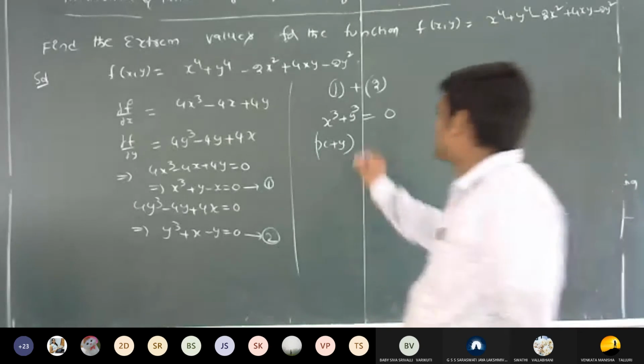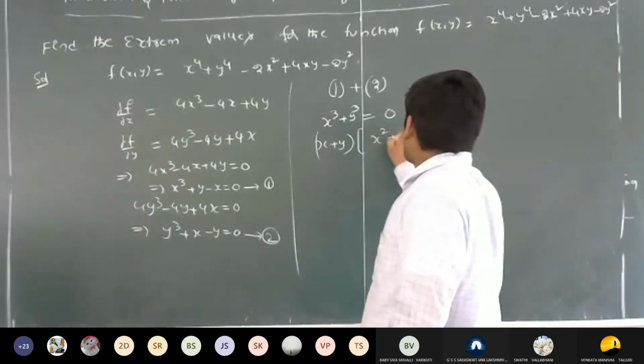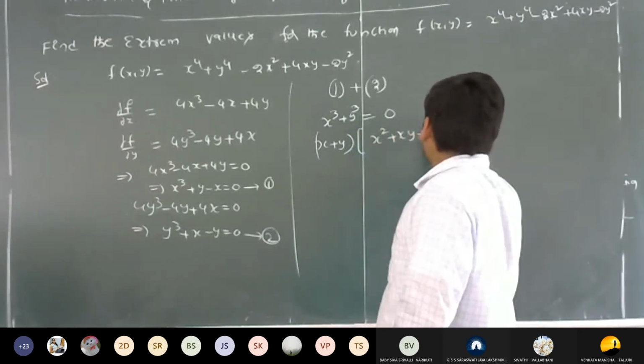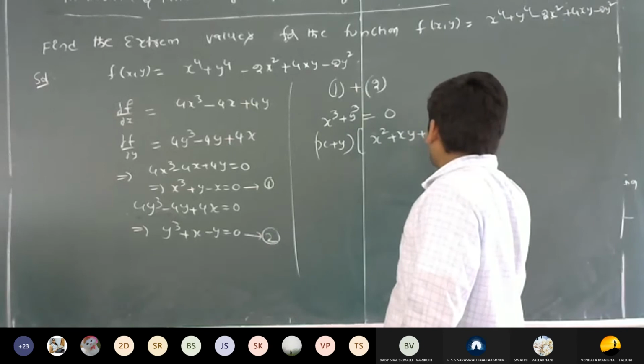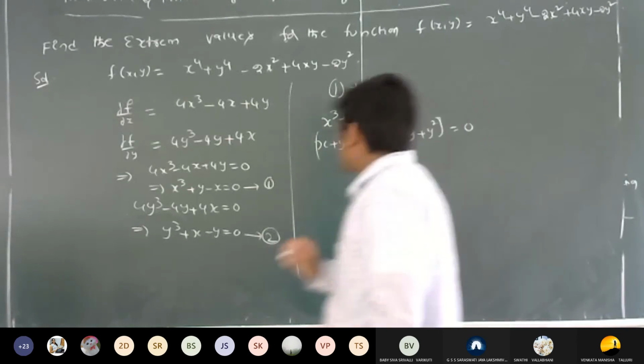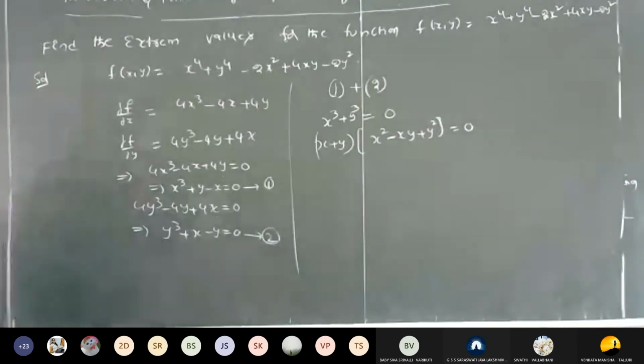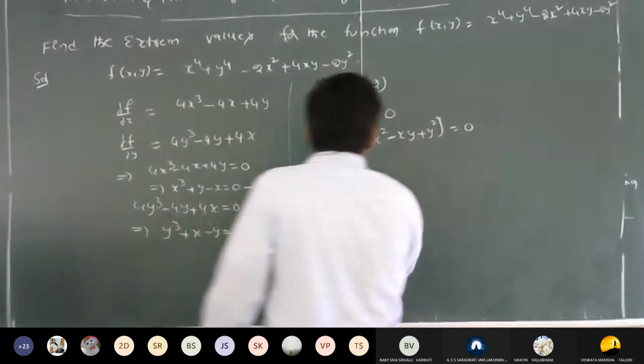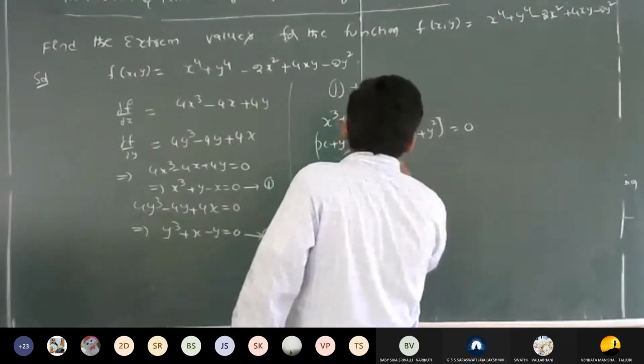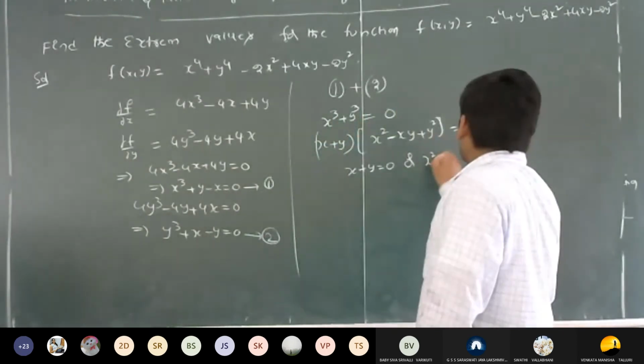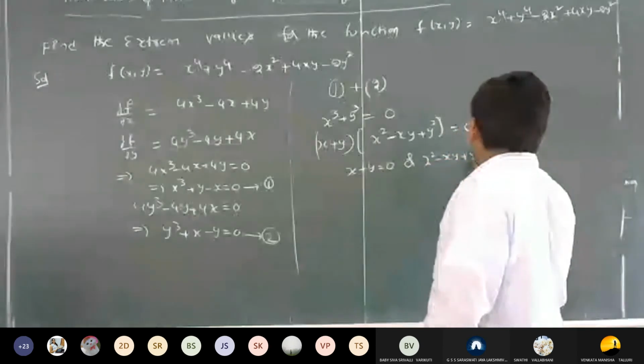It is a plus b into a square minus ab plus b square. So a plus b is equal to 0, or x square minus xy plus y square is equal to 0.